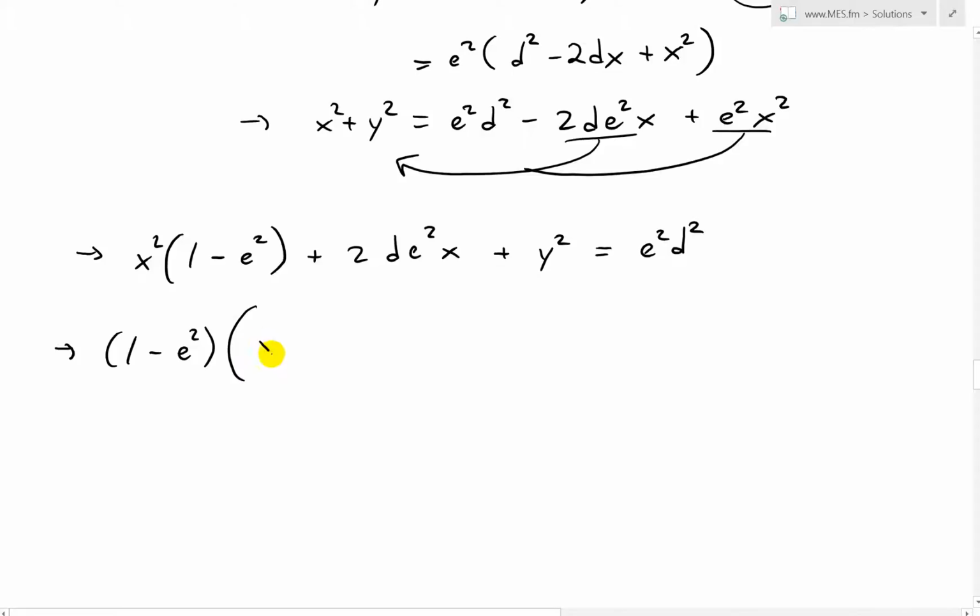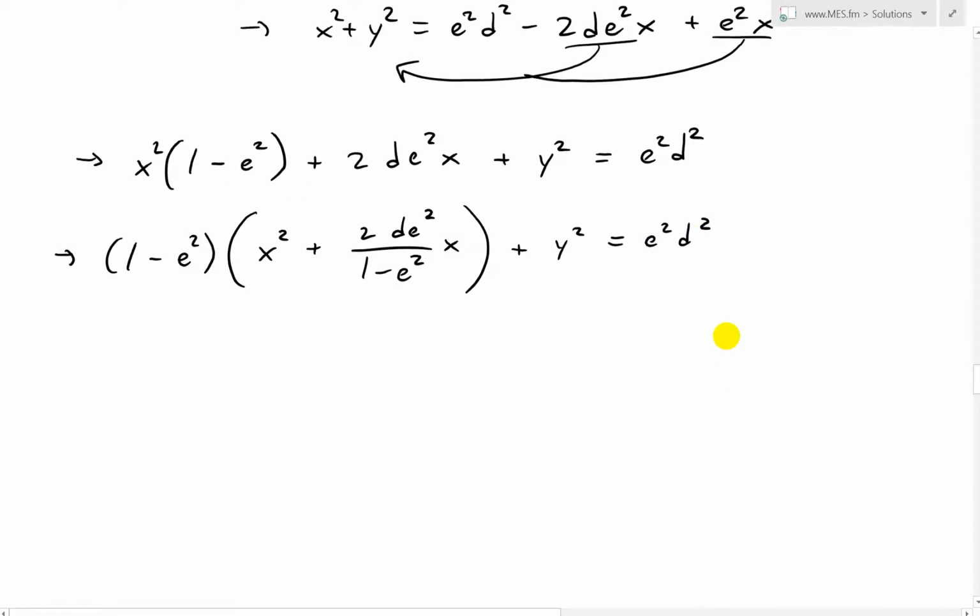We get x squared plus 2d e squared over 1 minus e squared times x. As you can see, if we multiply this inside, 1 minus e squared times x squared, and then the 1 minus e squareds cancel and we just get the 2d e squared x. This is going to be plus y squared equals e squared d squared.